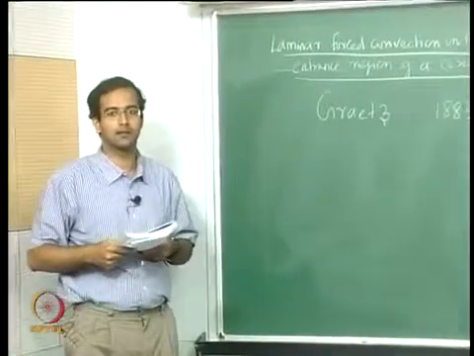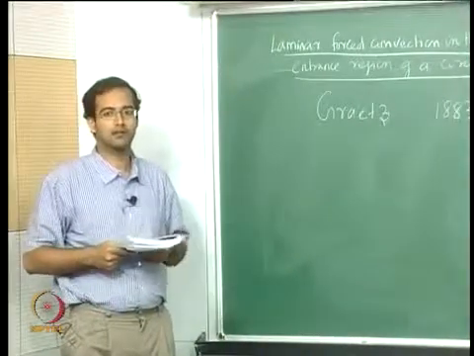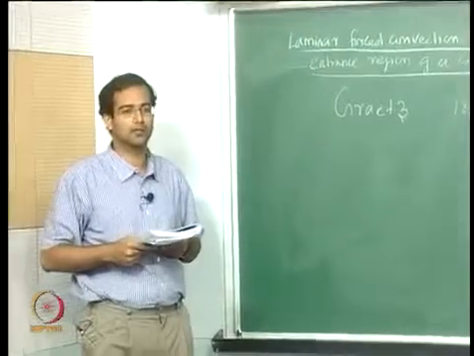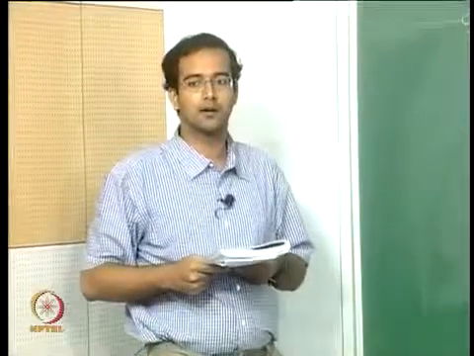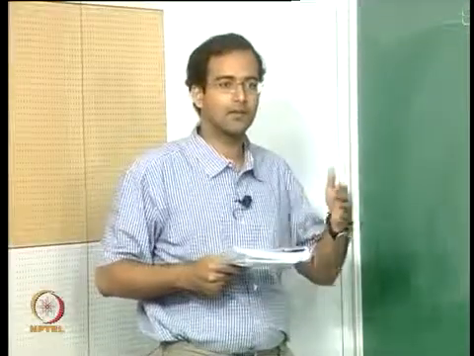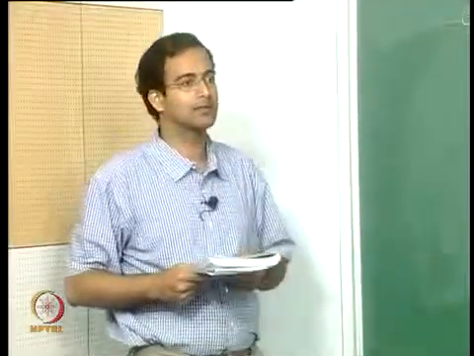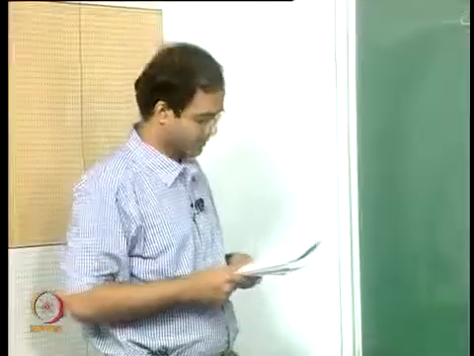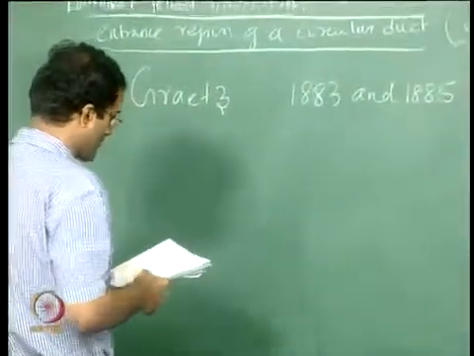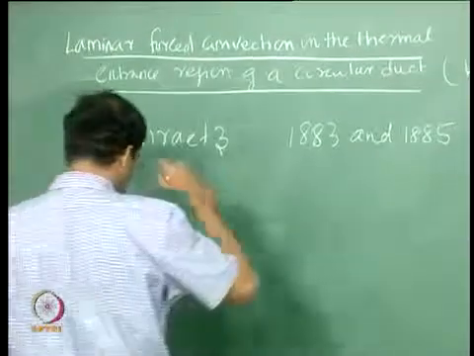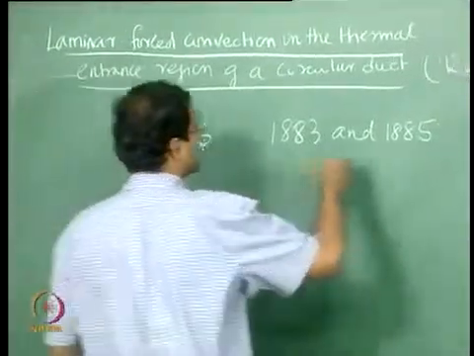Sellars is the first author. They have proposed solutions for parabolic velocity profiles and also for cases where you have linear variation of wall temperature, or wall flux equal to constant. So there were further extensions of this original Graetz solution, and this is popularly called the Graetz problem also.